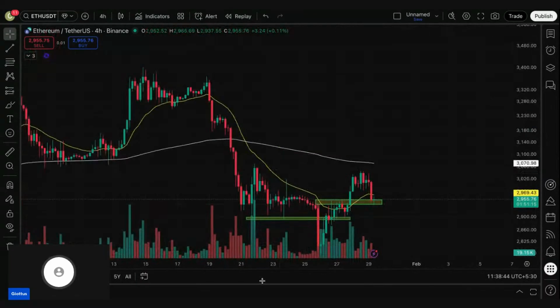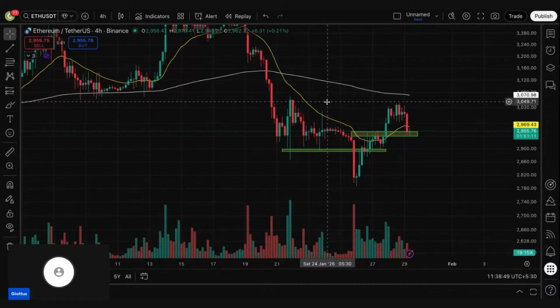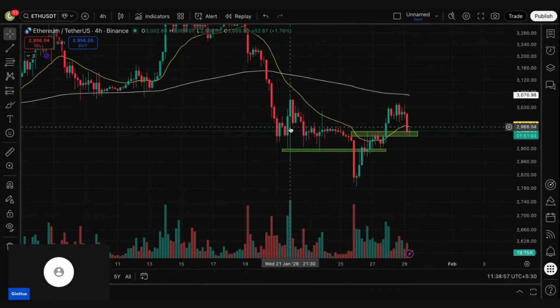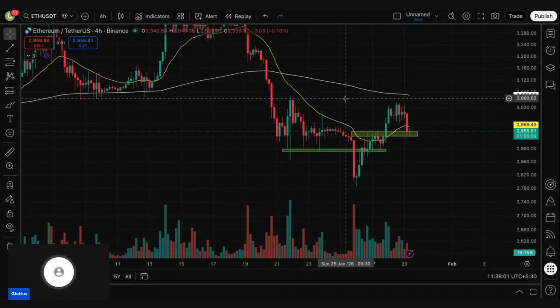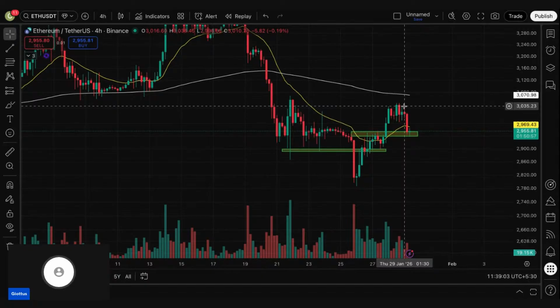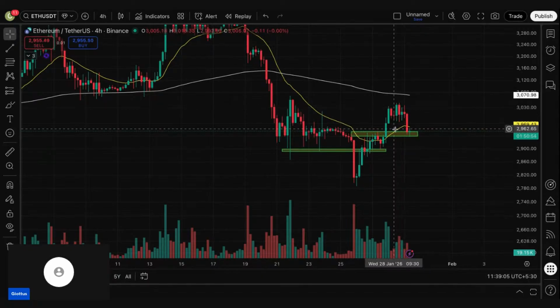Even on Ethereum's price action on the 4 hours time frame, this is still sell on rise because we don't have a higher high or a higher low. You can see this is a low, this is a lower low, this is a high, and at almost the same level we have another high, right?